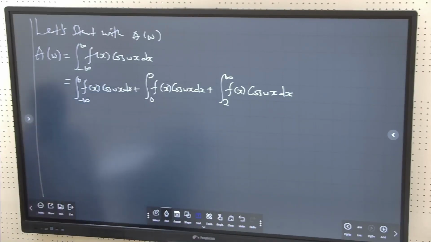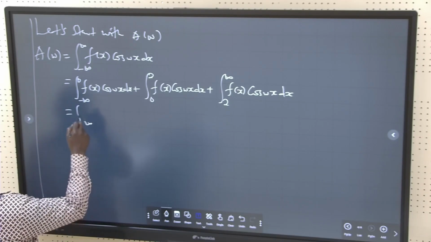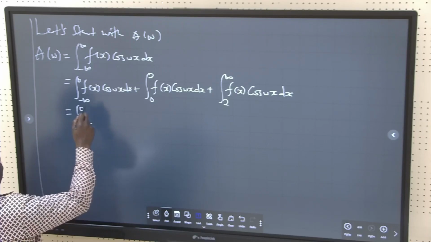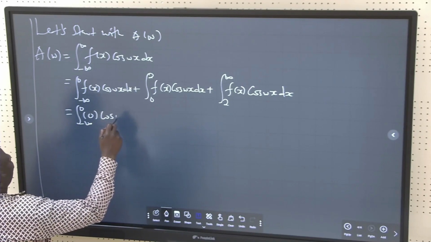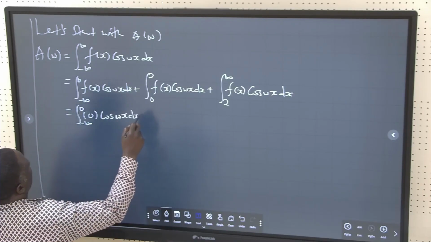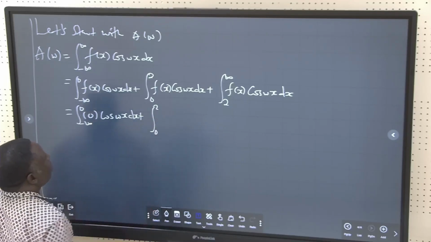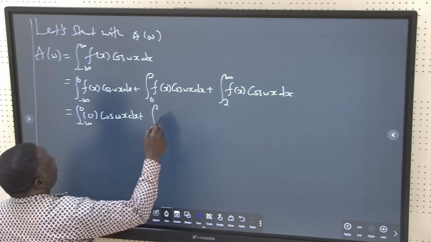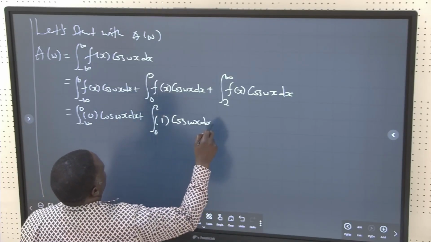But from the intervals, we see that from negative infinity to 0, the value of f of x is 0. So multiply by cosine omega x, plus, we see that from 0 to 2, the value of f of x is 1.